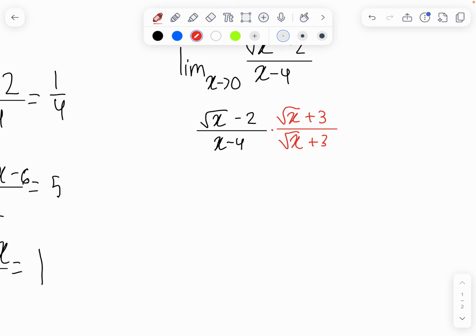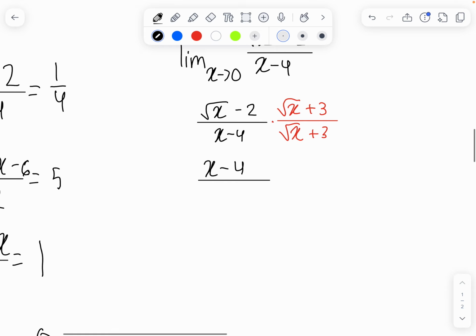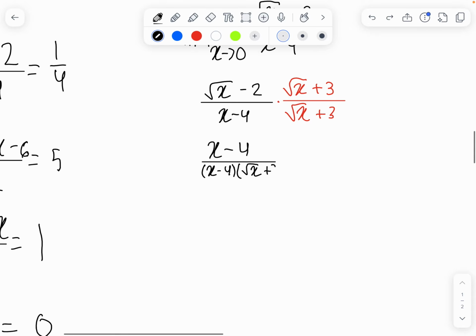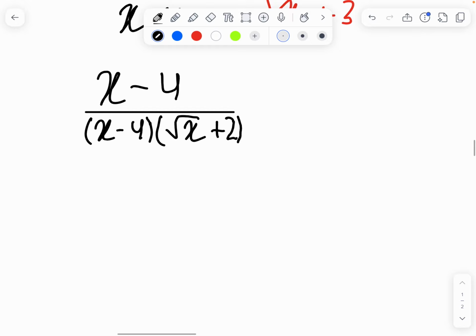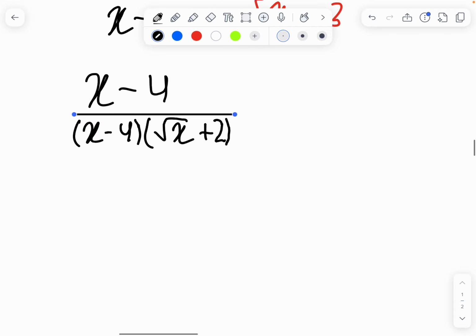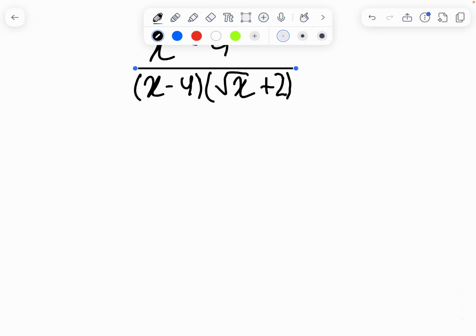So simplifying the numerator, we would get x minus 4 over the denominator, x minus 4 times the square root of x plus 2.